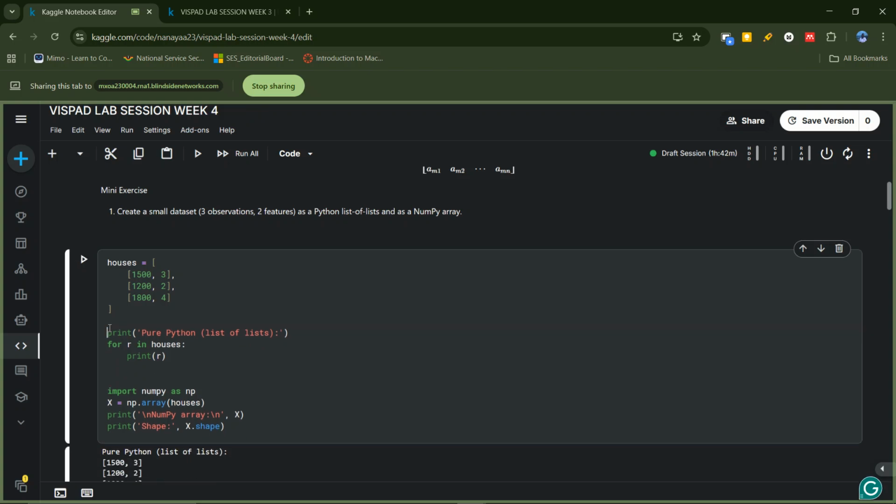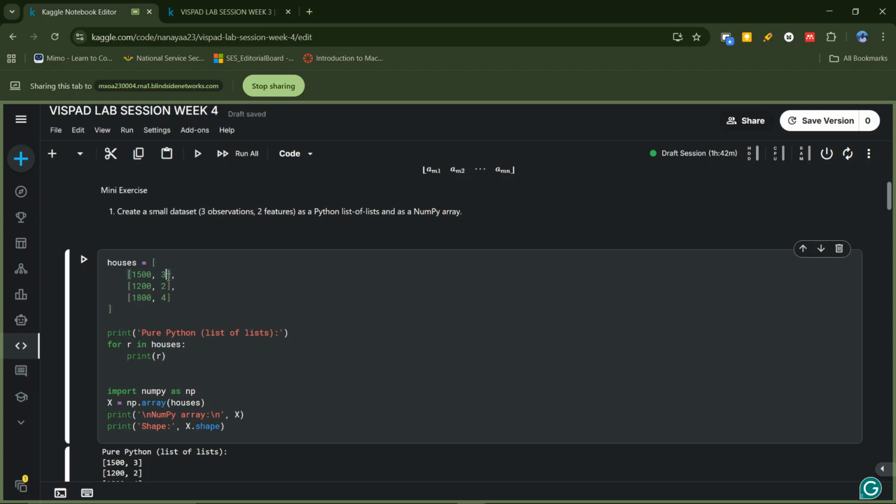Great. Then over here my colleague defined the small data set we were supposed to create as houses. Okay, they named the data set houses. And this is truly a list of lists because if you look at what I've highlighted right now, these two square brackets, that's what defines a list.